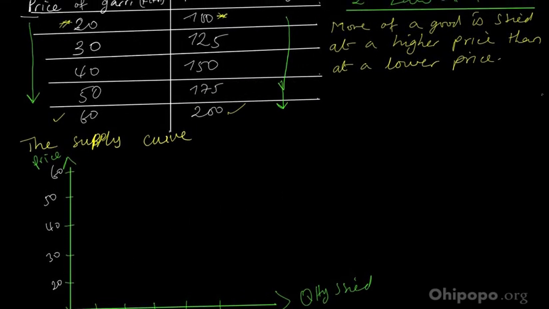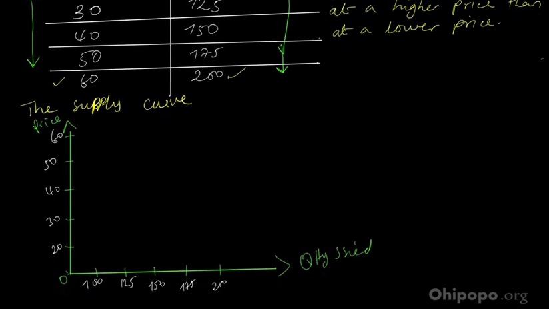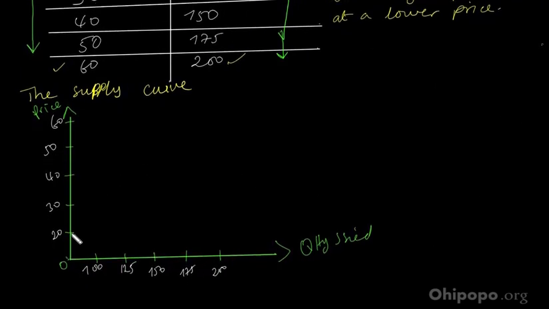That's what we should know. 100 cups are being supplied. Okay, follow me carefully. So somewhere here. Now 30, 125.